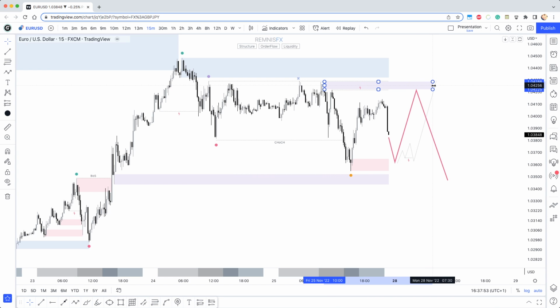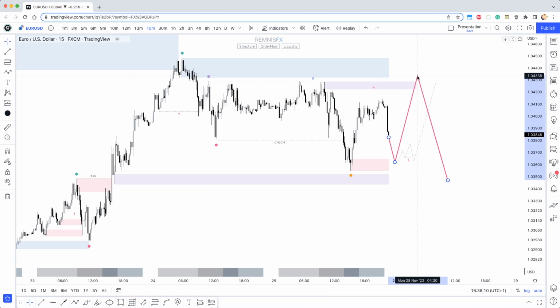Now we said this could be your point of interest, right? And this is your inducement, and this is your engineered liquidity, like that. Okay, or of course price could do something like this, take out the engineered liquidity, does not per se have to mitigate this area, but if it does, that would be very good to add confluence.